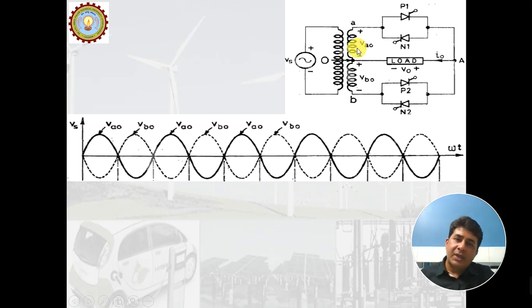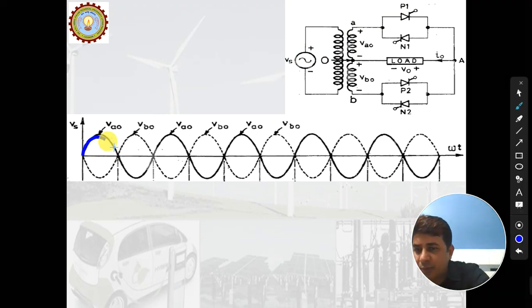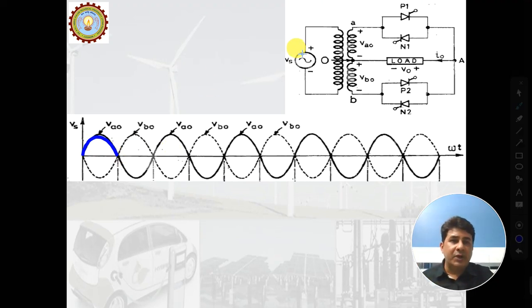Now here, during the positive half, P1 is forward biased. So if I fire P1 during this positive half, the load will receive a supply from A in this direction.